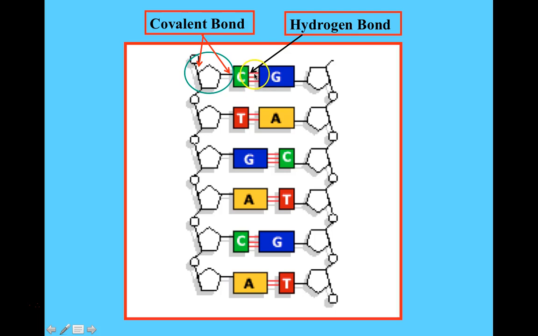Remember, the hydrogen bonds are weak, so we do want them to split apart at some point, but we do not want the sugar getting disconnected from the nitrogen base, and we also don't want the sugar and the phosphate getting disconnected from each other either. So that's why we have our strong covalent bonds here and our weak hydrogen bonds in the middle.